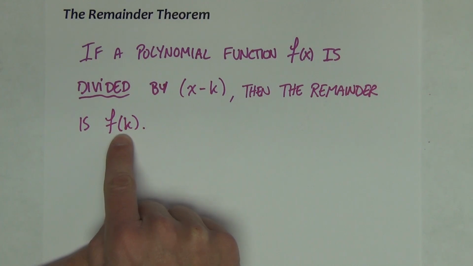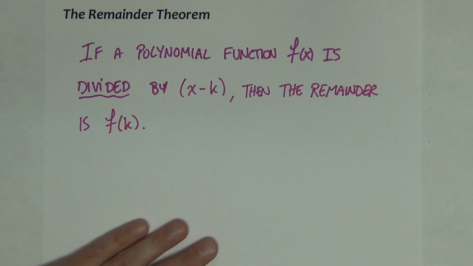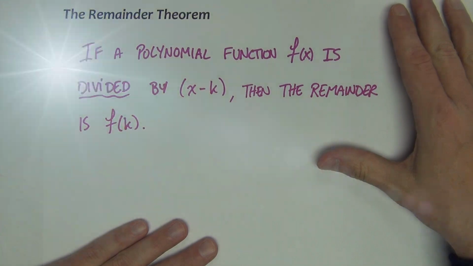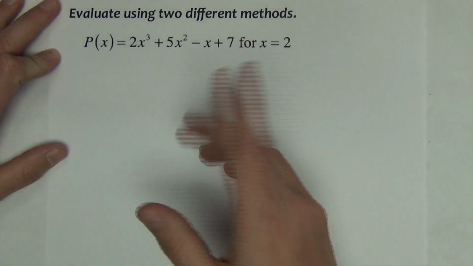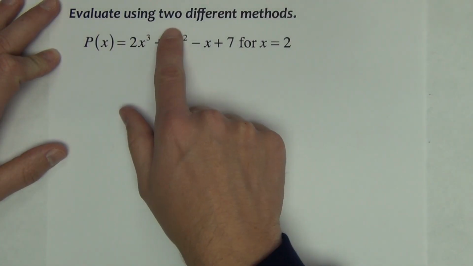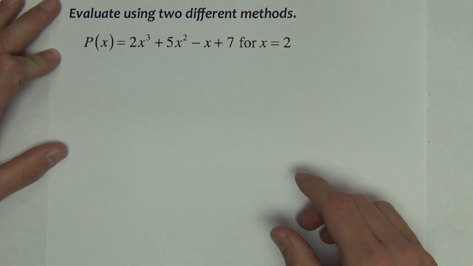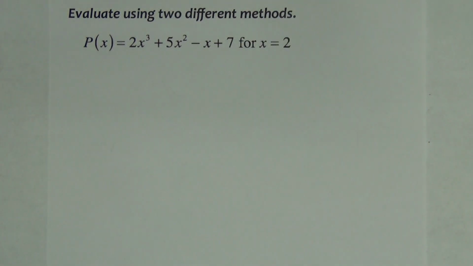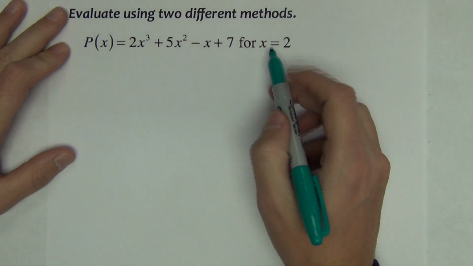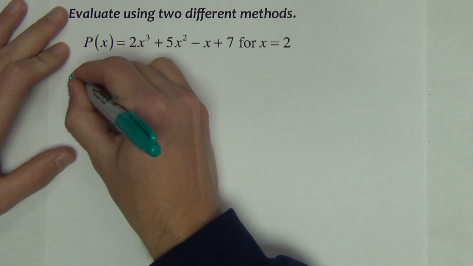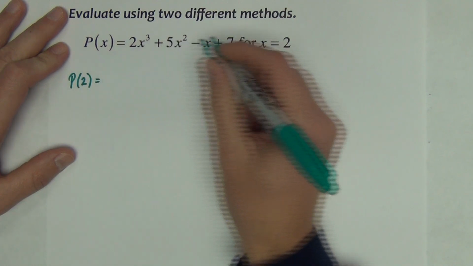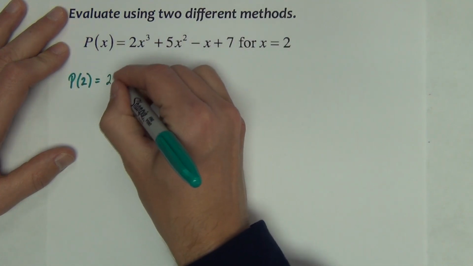Okay, so let's illustrate that then with an example. Now, directions here say to evaluate using two different methods. So the first method, let's just evaluate this like we normally would. If you're given this problem in chapter 1, what would you do? If you're asked to evaluate p of x for x equals 2, you're finding p of 2, and we do that by substituting 2 in for all of the x's.